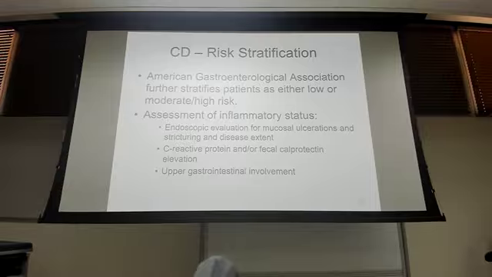And then they do some of those inflammatory markers to track, so the C-reactive protein and/or the fecal calprotectin elevation. And then also they assess a higher risk if it's actually in the upper GI tract versus just the lower GI tract. So just another way to categorize Crohn's based on symptoms and then risk by the American Gastroenterological Association.